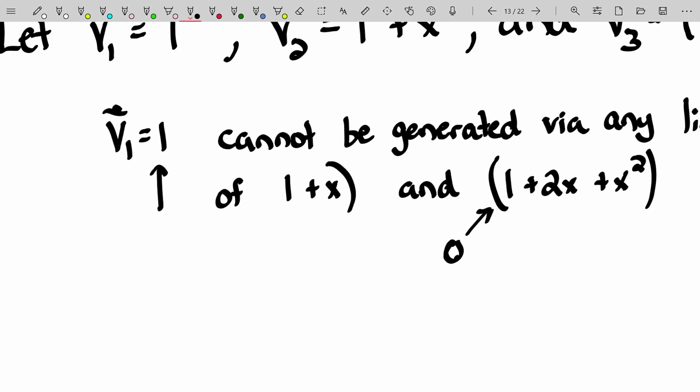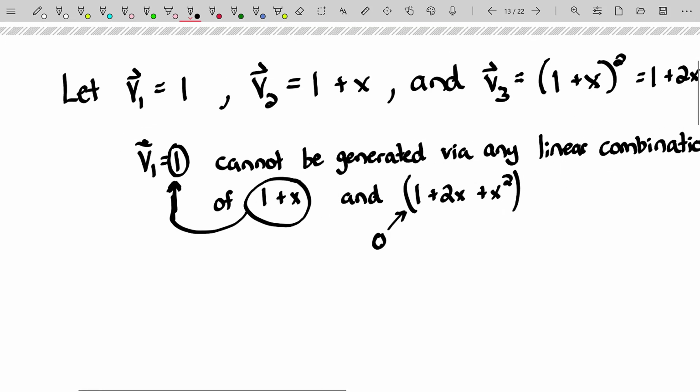But now to get this to turn into 1 is pretty much impossible. Not just pretty much, it is impossible, because no matter what scalar I park in front of 1 plus x, unless that scalar is 0, the result will always have an x involved, and there's no way to rectify that with only needing a 1 on the other side.